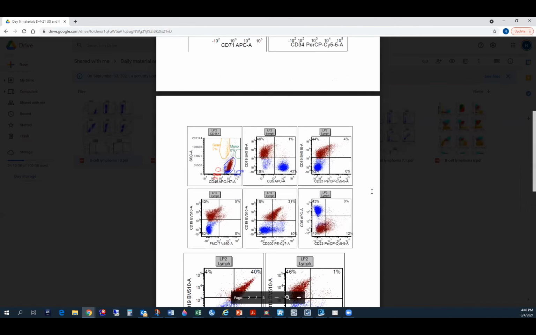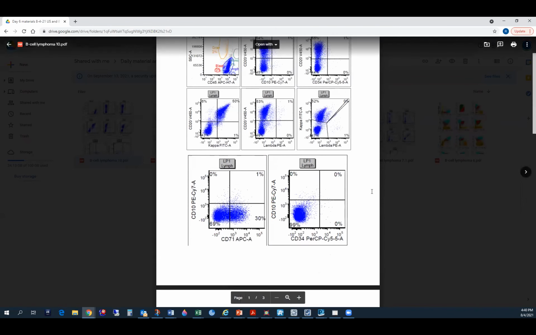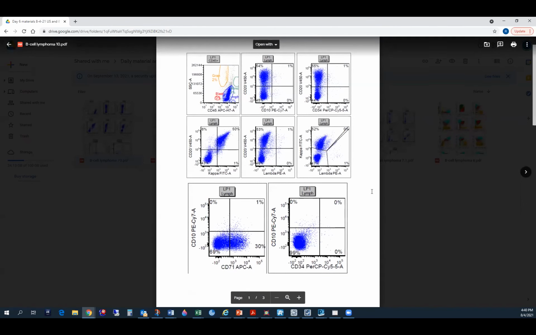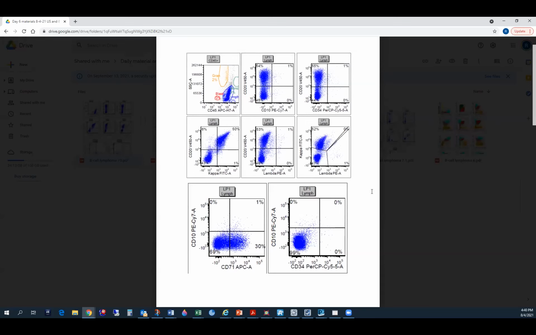I was thinking DLBCL, but I won't commit to calling it just based on the flow. I would call it again a mature B cell neoplasm, 5 and 10 negative, but I would like to see a cytospin on this one to see the cell size. Just looking at it, I'm suspicious for some high grade lymphoma with bigger cells.